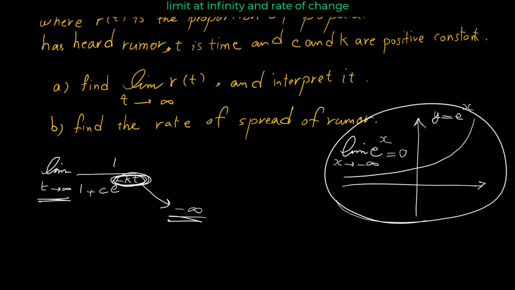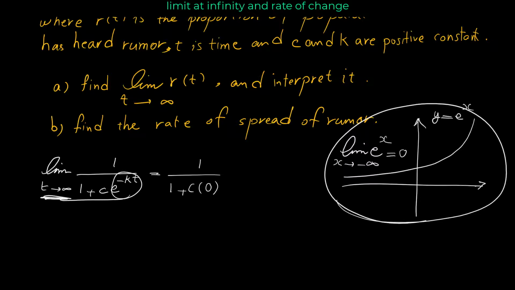From here, we know that the limit of the exponential function when the exponent goes to negative infinity is 0. So this limit equals 1 over 1 plus c times 0, because the limit of this when t goes to infinity is 0. C times 0, c is a constant, times 0 is 0, plus 1 is 1. So this limit equals 1.